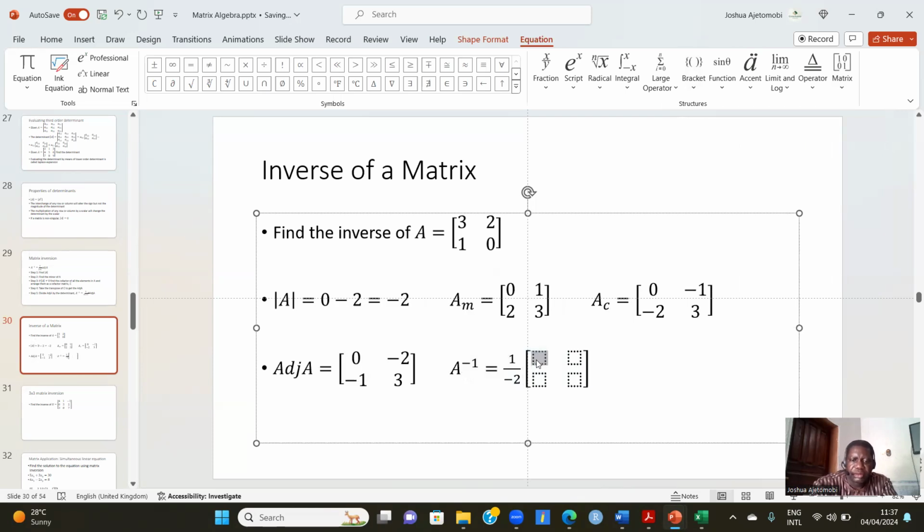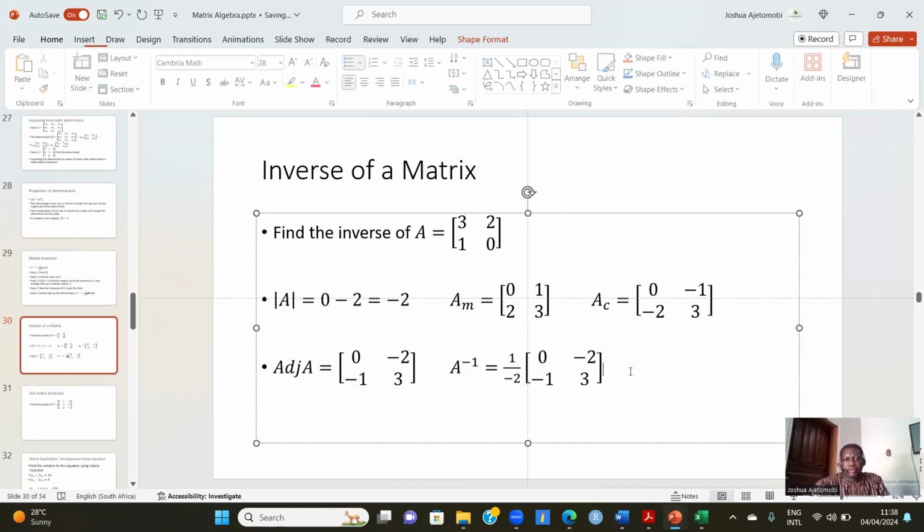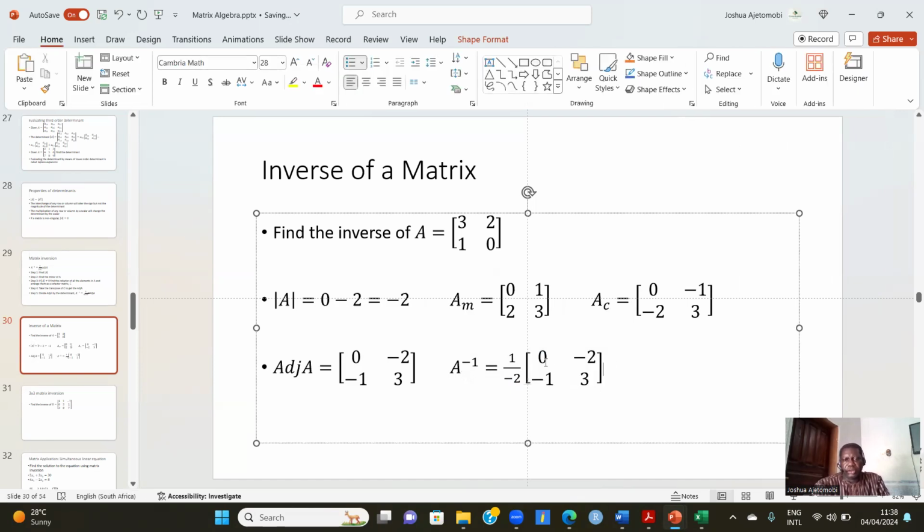So this 0, minus 2, minus 1, 3. So this will be 0, half, 1, and minus 3/2. So it's very straightforward.